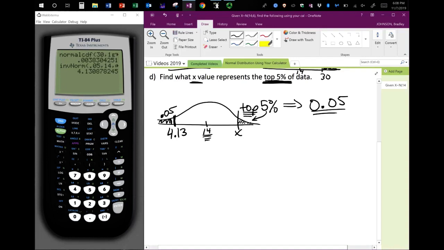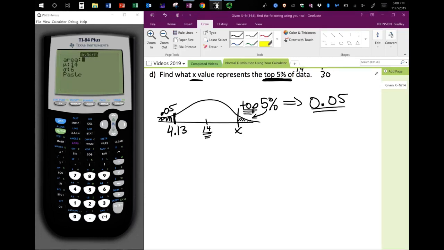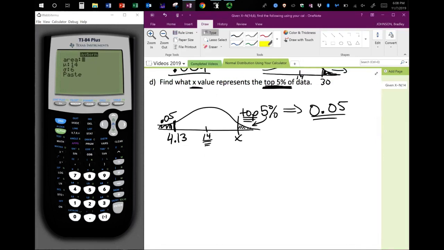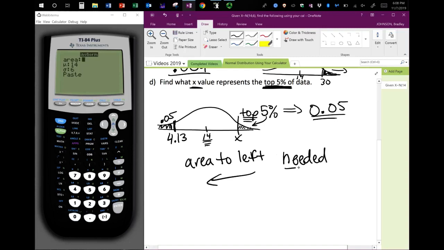This tells me that the calculator, when you go to the menu, is always reading to the left. It wants the area to the left. So the area to the left is needed for the calculator. So what is left of 5%?